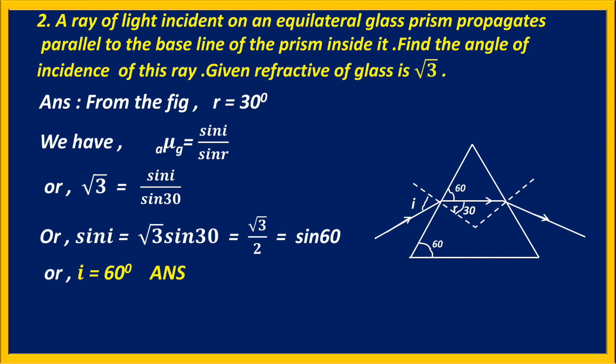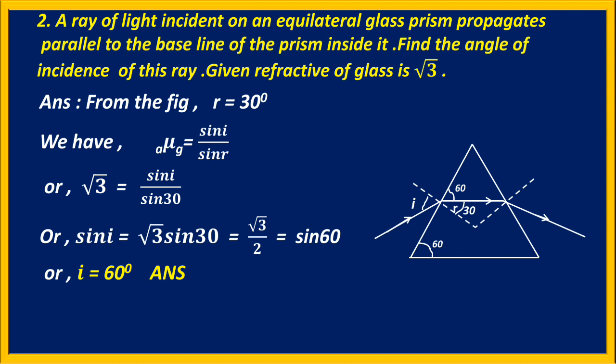We can write refractive index of glass with respect to air, that is sin I by sin R. So refractive index of glass is root 3. So root 3 equal to sin I by sin 30, or sin I equal to root 3 sin 30, putting the value and getting the value of angle of incidence.